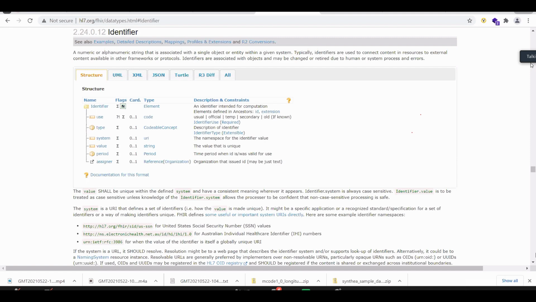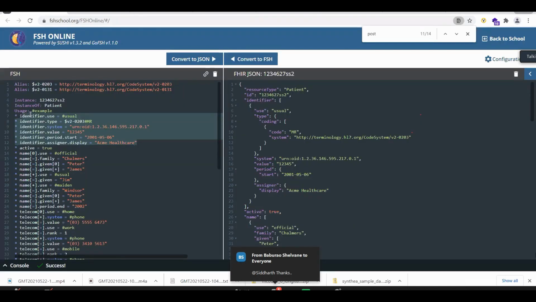Those are the primitive data types. And then there are complex data types, which are made up of more attributes and more elements. Identifier is one of the complex data types. Identifier has attributes use, type, system, value, period, and all. So that's why when you are defining, you put identifier.use, identifier.type and all. So that's how it is.